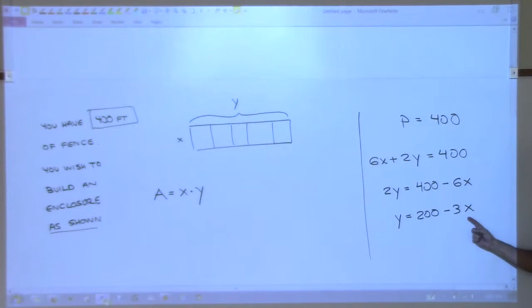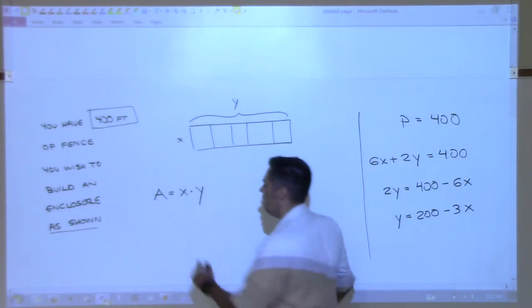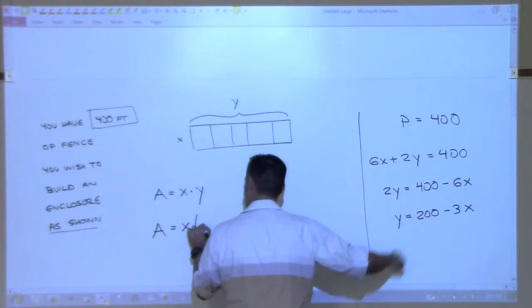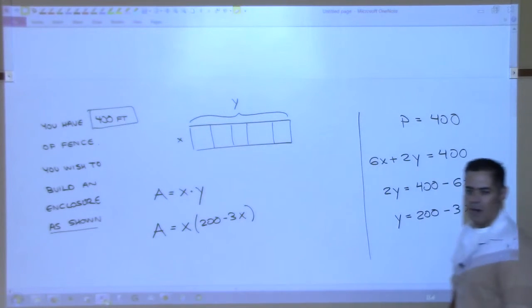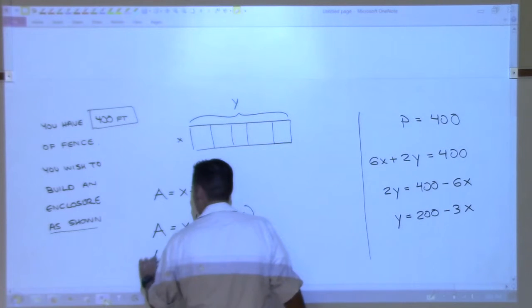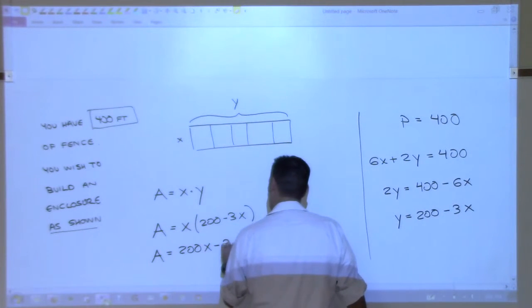Take that y and plug it back in here for this. And now your area is x times 200 minus 3x, right? Y'all still there? So that means your area is 200x minus 3x squared, right?